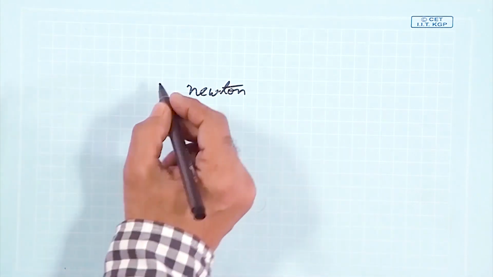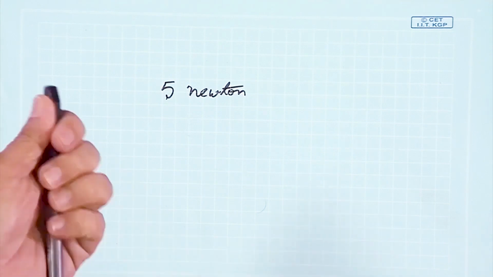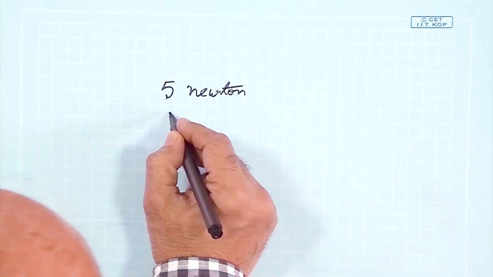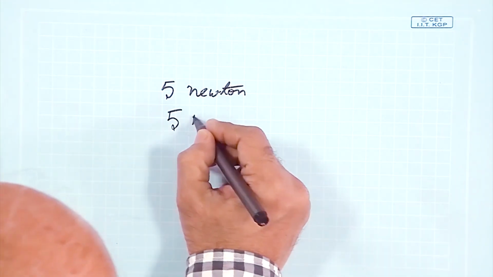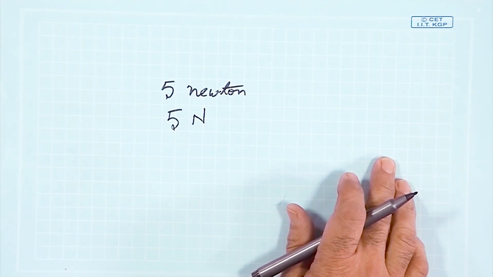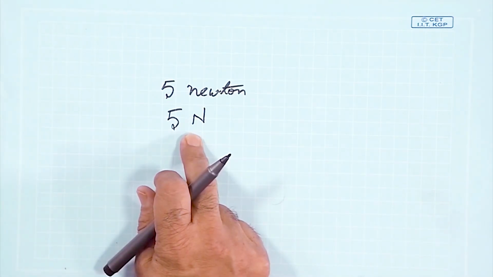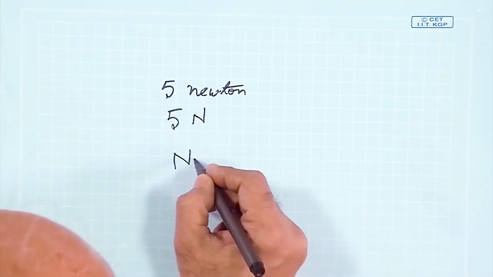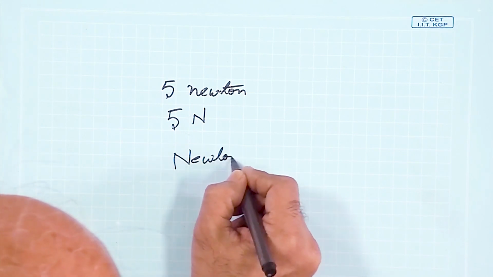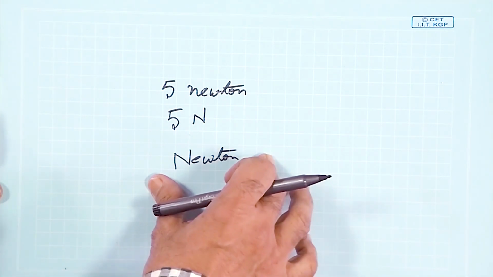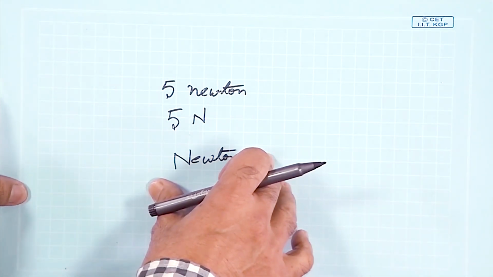For example, if I talk about 5 newton, I am talking about 5 newton force, and symbolically, the capital letter N comes as the symbol for Newton, and this also refers to 5 newton force. Whereas, if we write this with a capital letter, then this name essentially refers to our good old scientist Sir Isaac Newton.